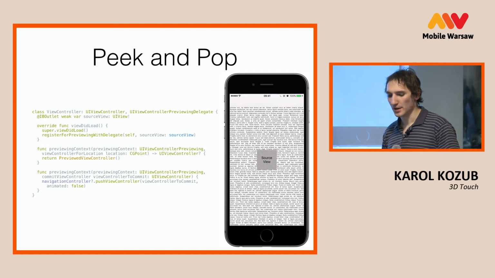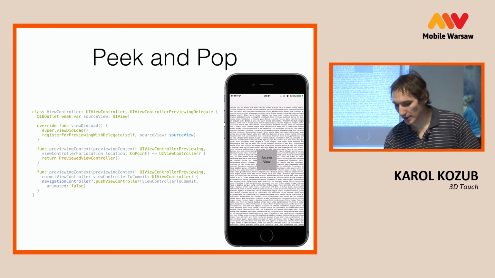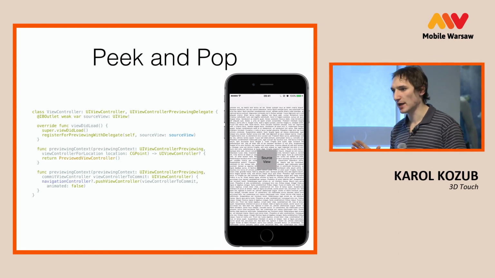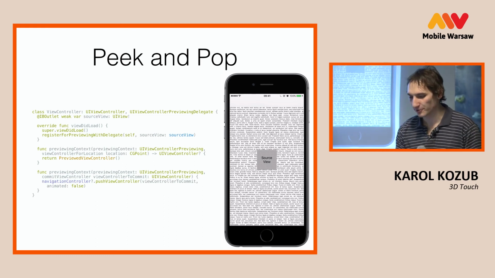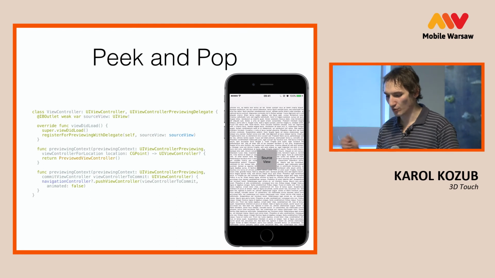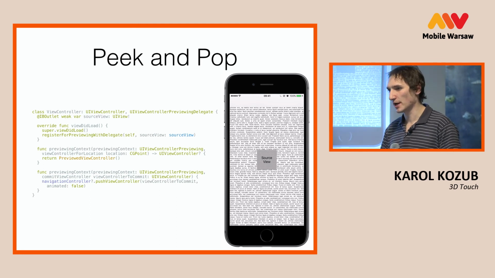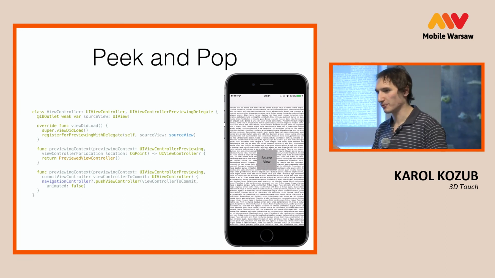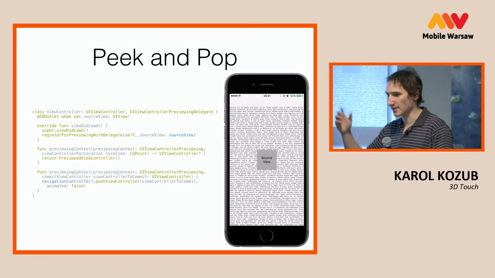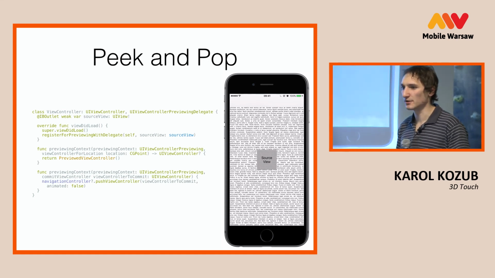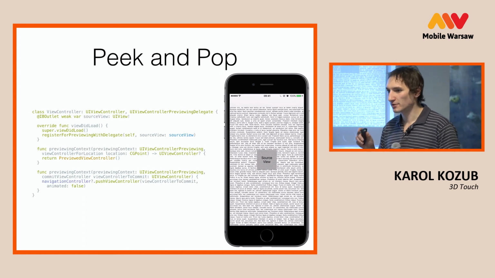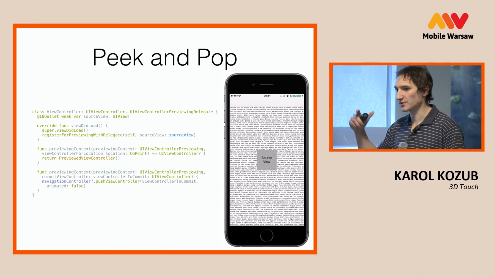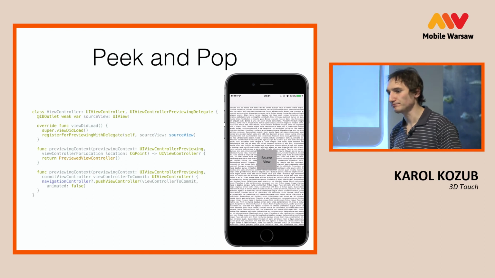Well, you can just set the table view as the source view, and then in view controller for location, check what cell is under this location, and either return a preview view controller for that cell, or return nil if it's between cells or something. So it's absolutely possible to do that. It's the coordinates of the touch on this source view, right? Okay.